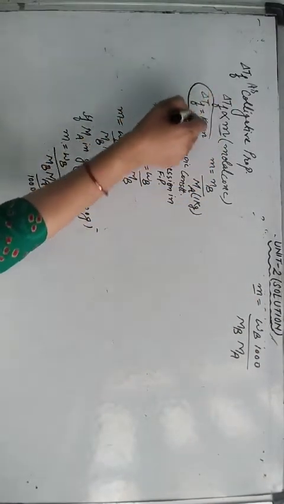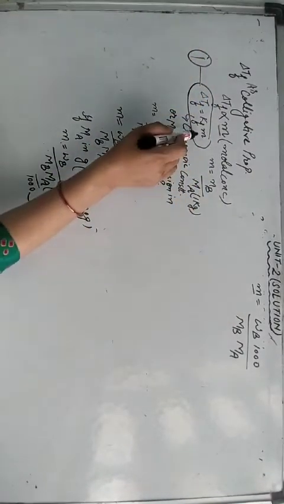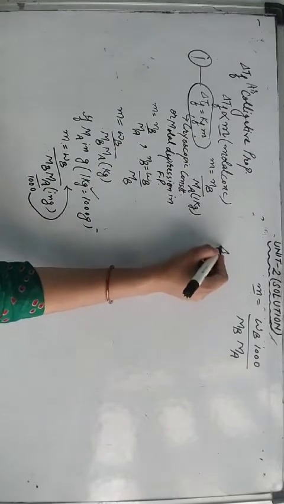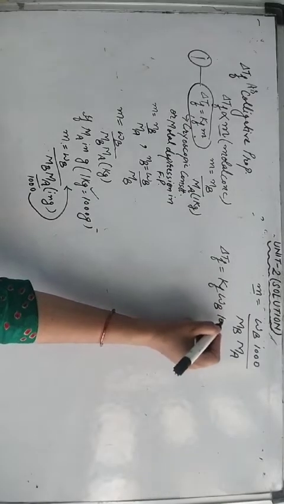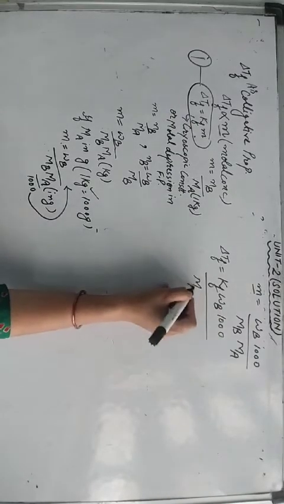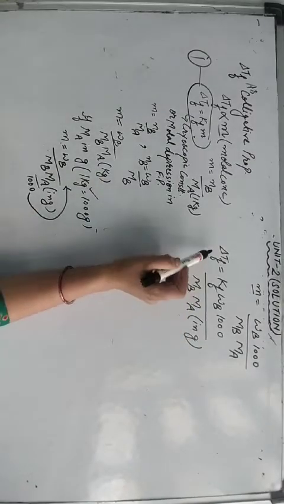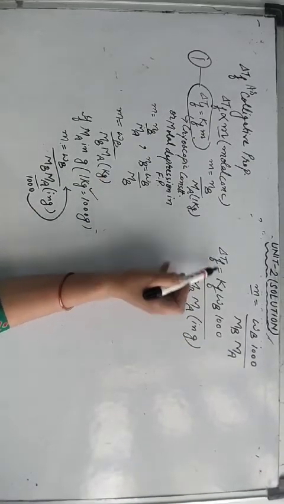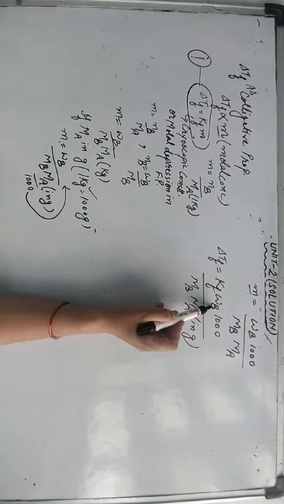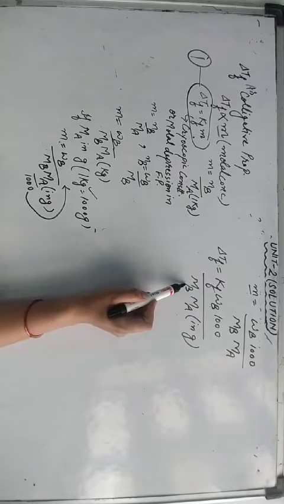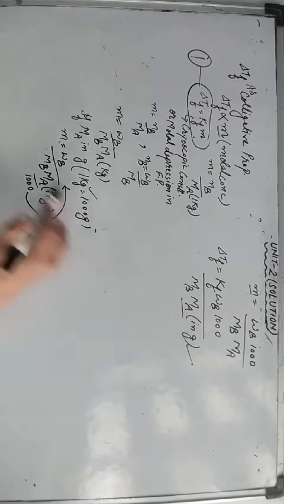Now put the value of m in equation 1. We get delta TF is equal to Kf Wb 1000 upon Mb Ma in gram. Here delta TF is depression in freezing point, Kf is cryoscopic constant, Wb is the given mass of solute, Mb is the molar mass of solute, Ma is the molar or molecular mass of solvent in gram.